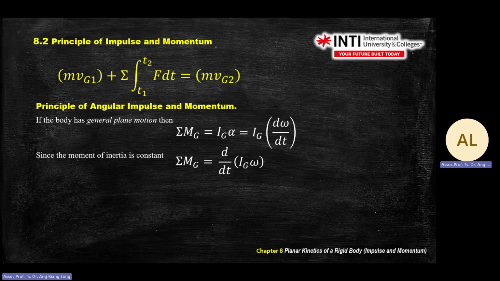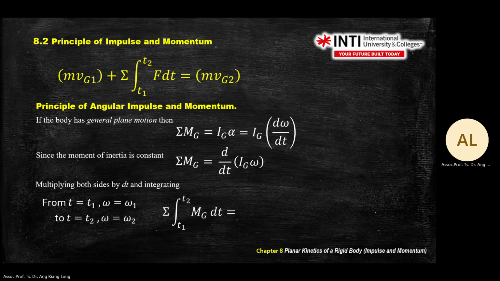H equal to I omega is the angular momentum. You pull dt to the left and do integration again, and you arrive at this formula: the integral of M dt equals I omega 2 minus I omega 1.